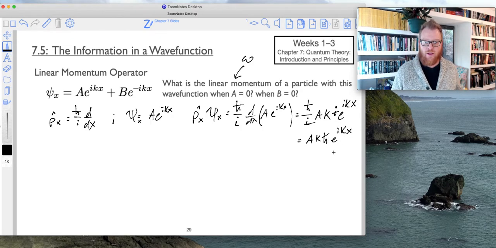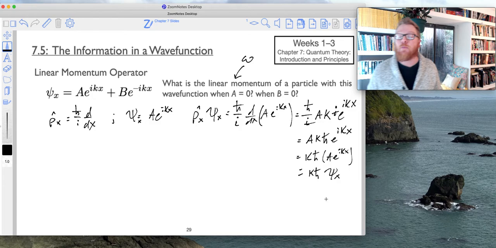So what is that all equal to? Well, I remember that a e^(ikx) is psi. So let's put all that together: k h bar times a e^(ikx), and that's all equal to psi. So we can see my eigenvalue is k h bar, and then that's the original wave function. Beautiful.